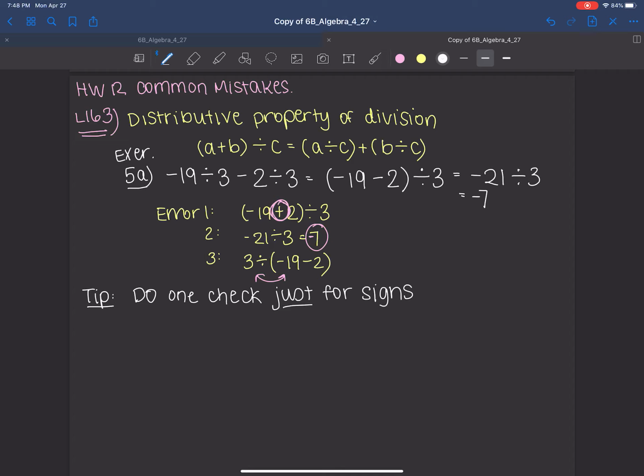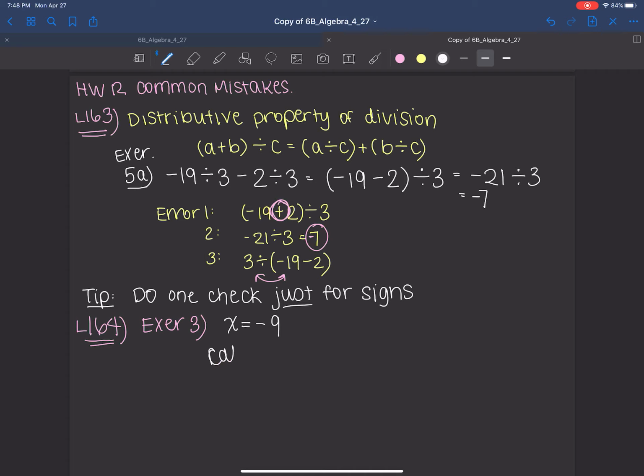Okay. So the next question that I wanted to talk about was lesson 164. And this is question 3. So question 3 wanted us to simplify an expression when x equals minus 9.